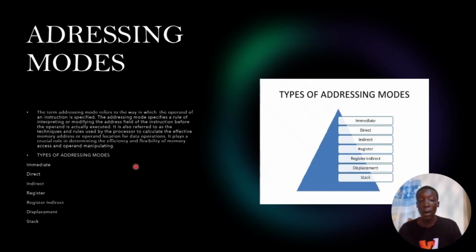So now let's talk about the types. We have different types of addressing modes. We have the immediate, direct, indirect, register indirect, displacement, then stacks, etc. So now let's talk about the purpose of addressing mode.